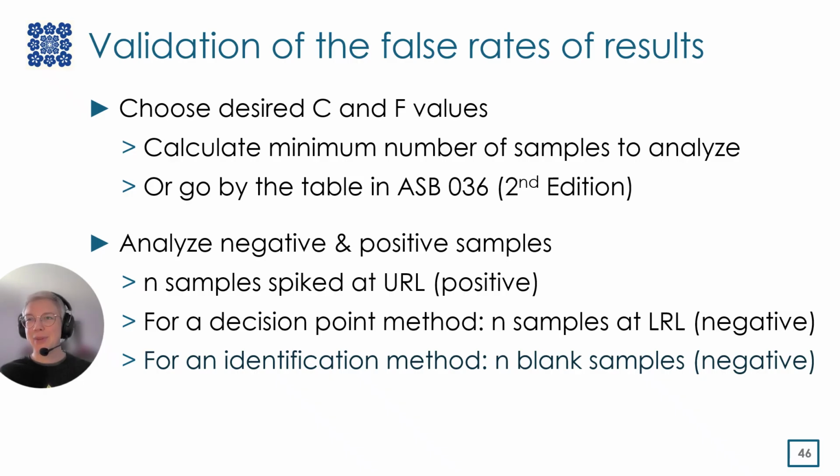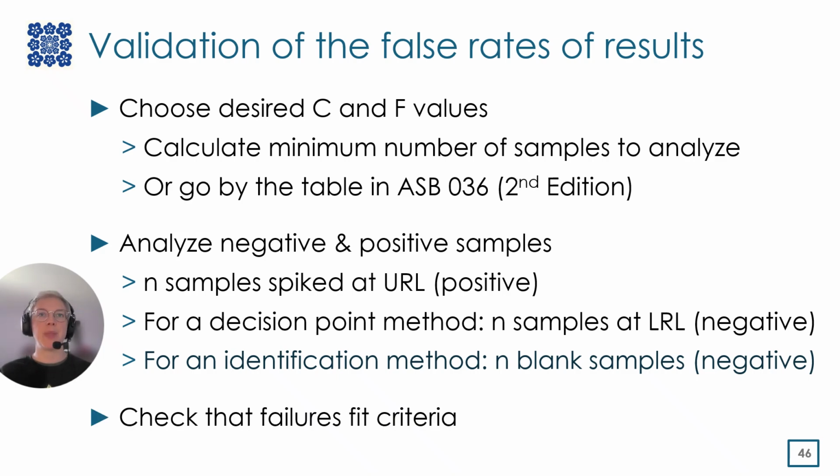There is a reason behind all of that, but I don't really have the time to get into that today. So yeah, make your lives simpler: if you have an identification method, just analyze blank samples. And then you check whether you have more failures than your criteria allow. If the number of failures fits the criteria, then your method is validated for this aspect.